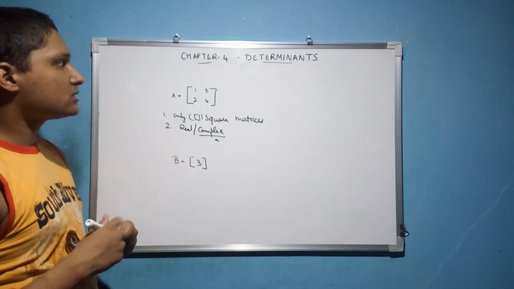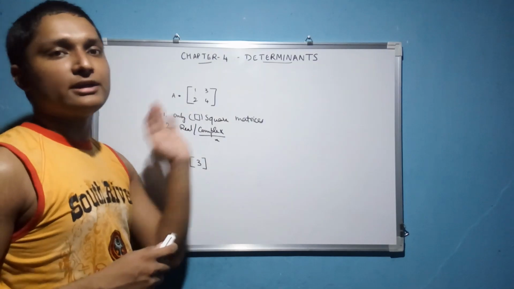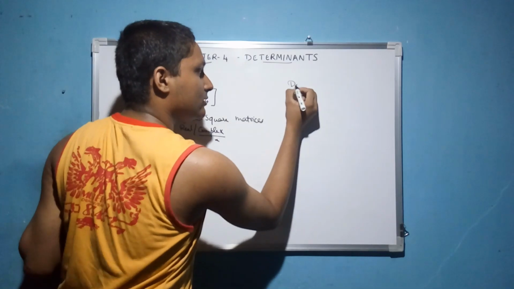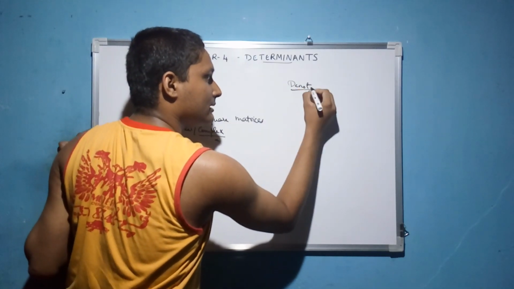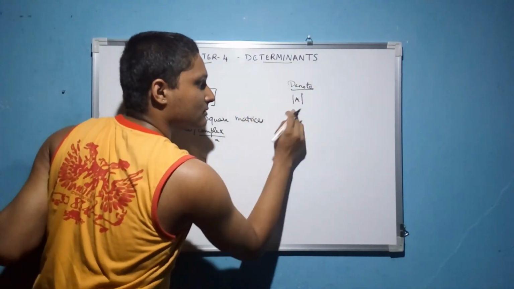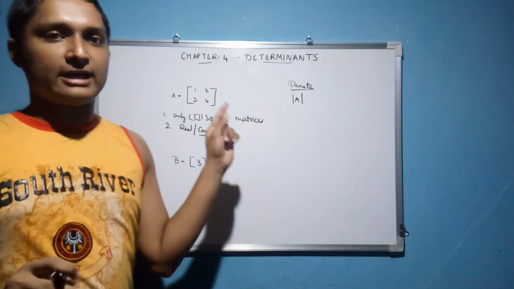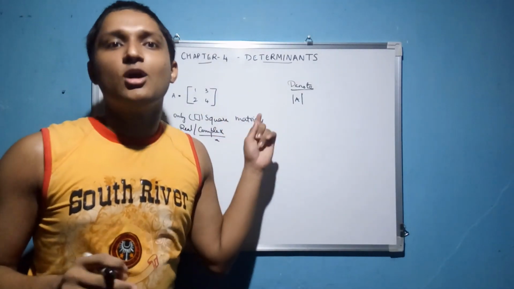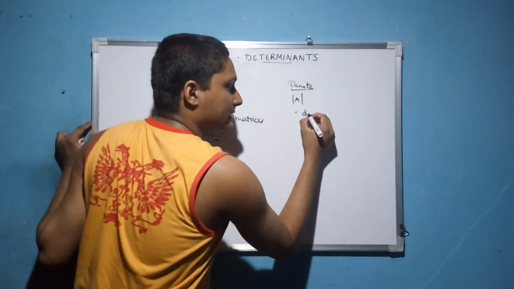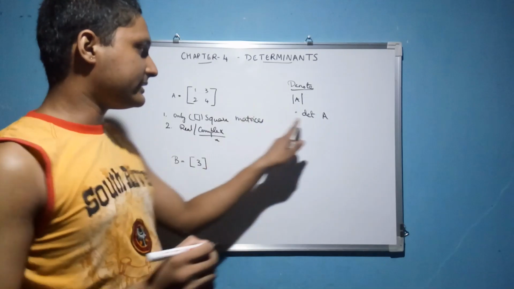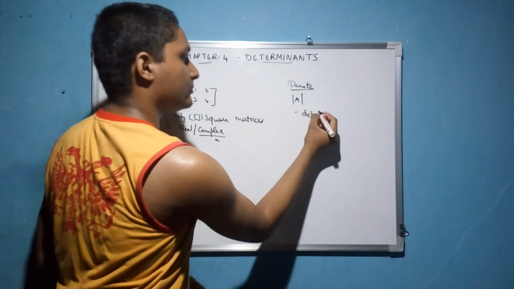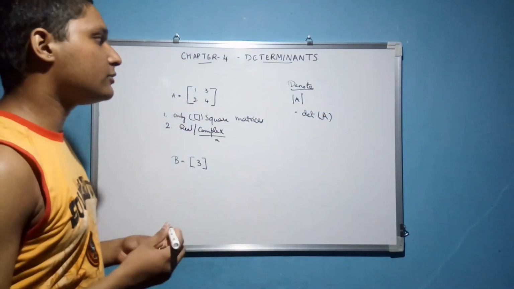Since I need to find the determinant of this matrix, I need to denote something. How do I denote a determinant? First of all, I can write it like this. This is similar to the modulus sign, but you cannot read it as mod A. It is to be read as det A, or determinant A, or determinant of A, however you can read.